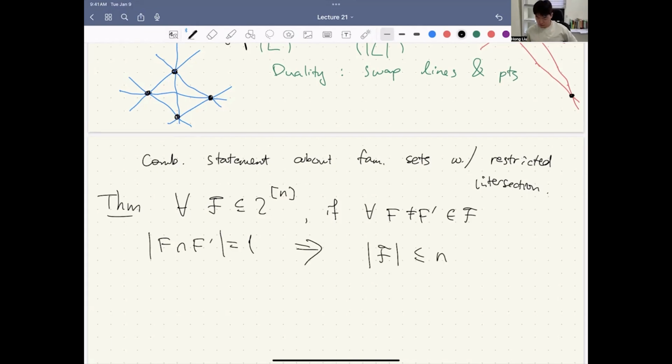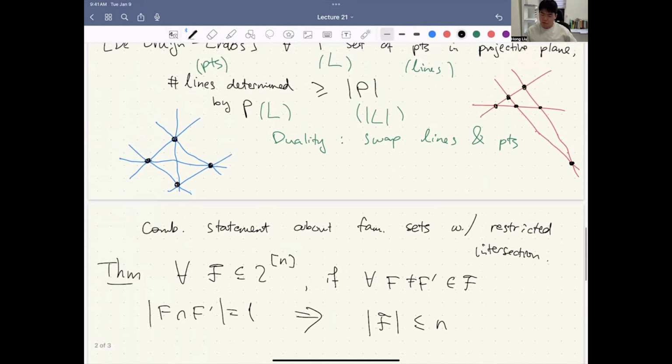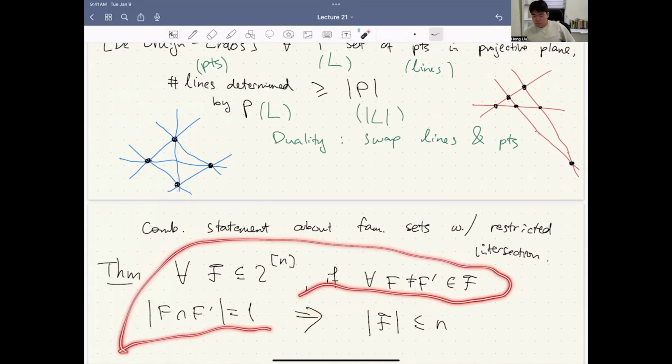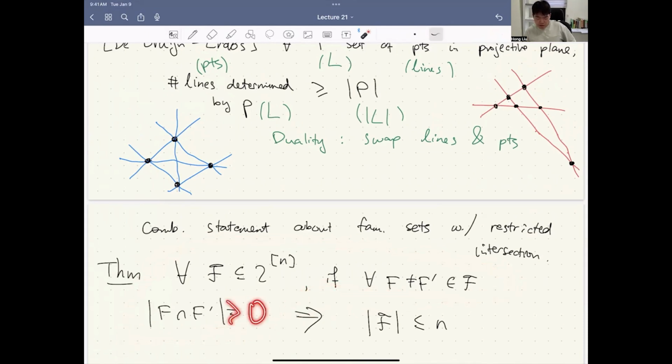All right. So you see, this hypothesis is quite similar to some of the things we've seen before. Requiring pairwise intersecting, remember, if we don't put a restriction on the intersection size, just say that this is bigger than 0, we get 2 to the n minus 1 before.